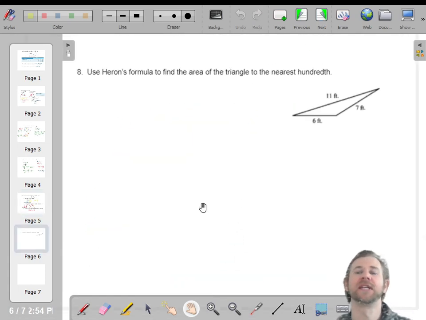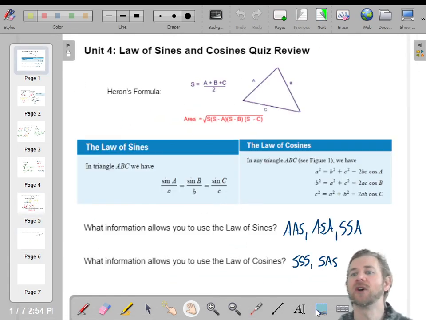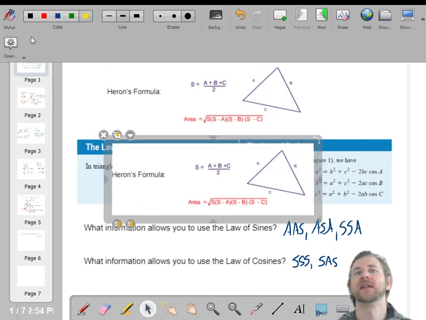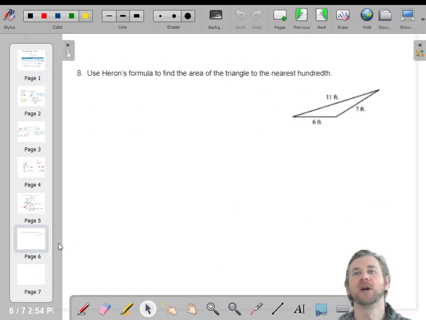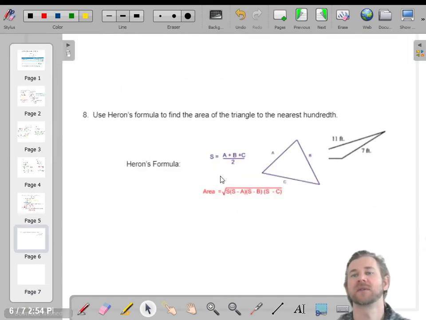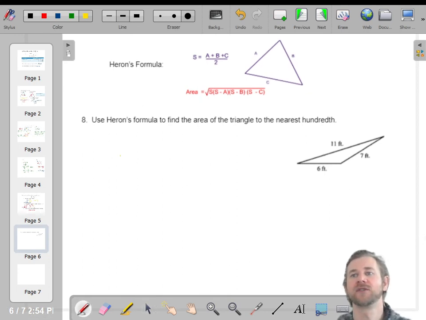And the last one says use Heron's formula. So Heron's formula, if you don't have your graphing calculator program, you can just take Heron's formula. It is very easy to do. I will do it with both modes. So first, let's do Heron's formula by hand. First you find the semi-perimeter. So 11 plus 7 plus 6 over 2. 24 divided by 2 is 12.